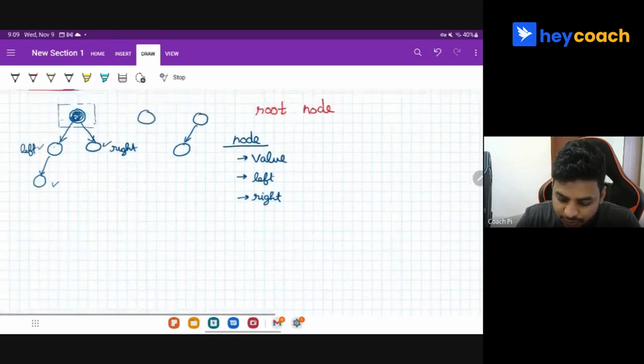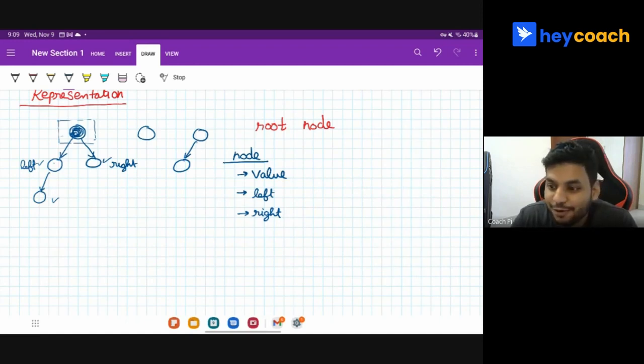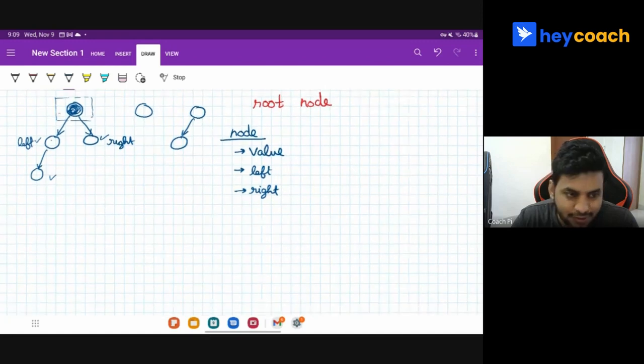Okay. So using these three pieces of information, let's think: do we need any other information to visit every node of the tree and also extract the value of every node of the tree? Once we visit any node, that object will have the value of that particular node, and then we can analyze it in the manner which we want to solve a particular scenario.